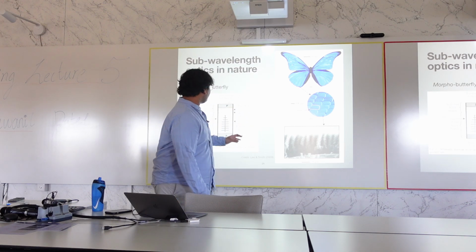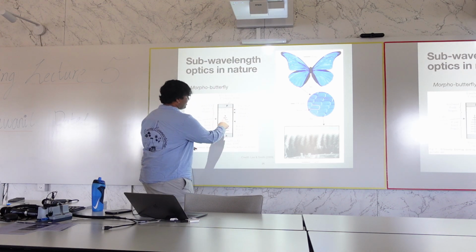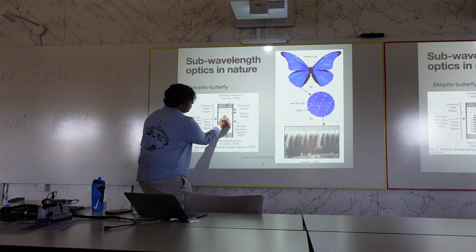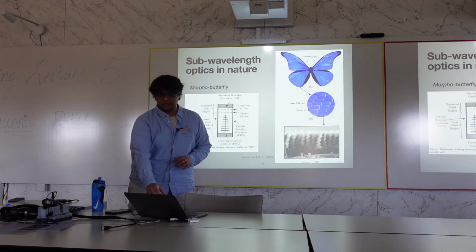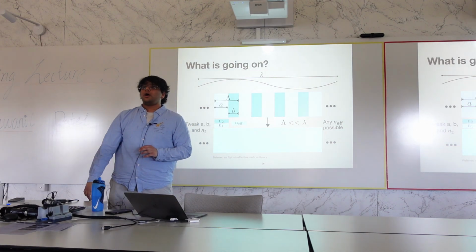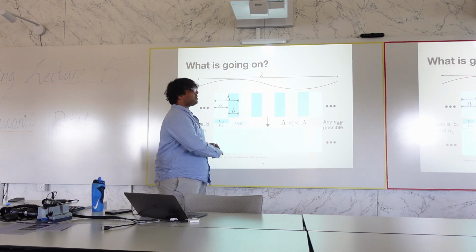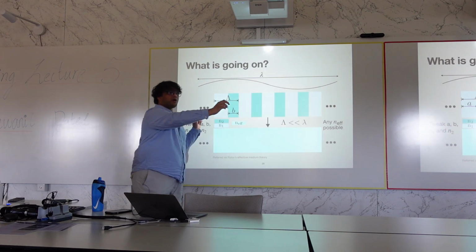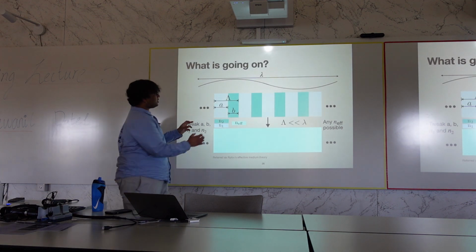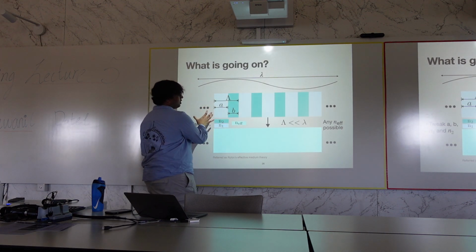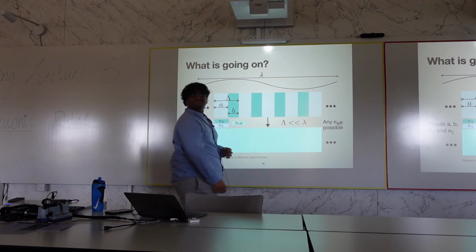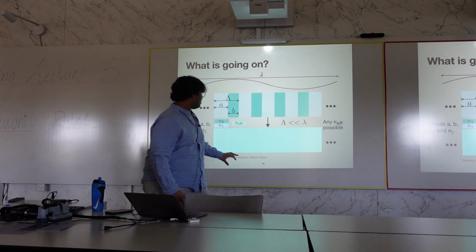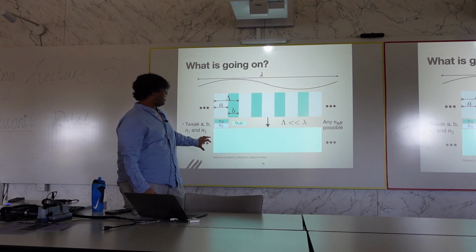And just to give you guys a drawing of the scale, it's something like this, where you have ridges, and again, this really small portion is like 60 nanometers. So if you have a periodic structure which goes on, and if the size of those structures are smaller than the wavelength, then you would see something funny going on.